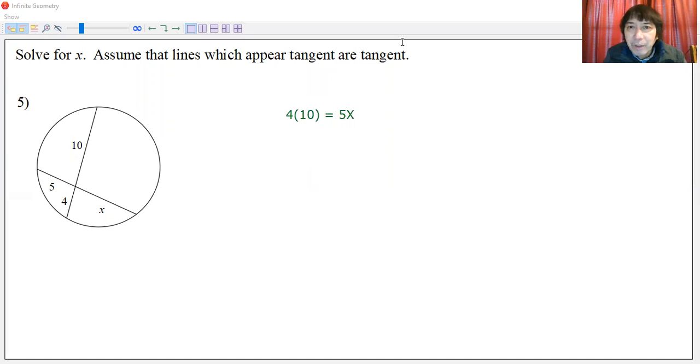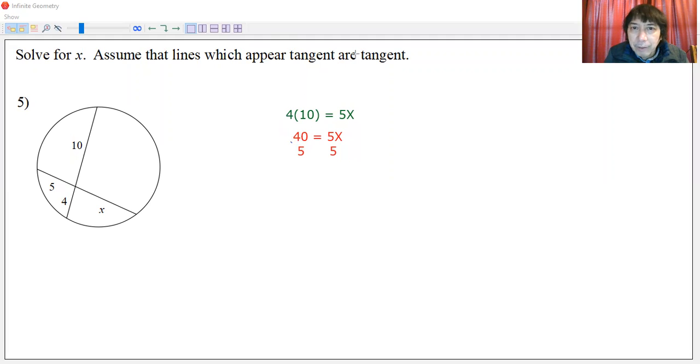So 4 times 10 is equal to 5 times x. Remember what we discussed, this is now going to be 40 equals 5x, which continues with the division property. We divide by 5. Our divisor will always be the coefficient of the letter.